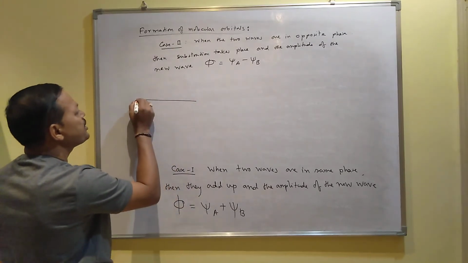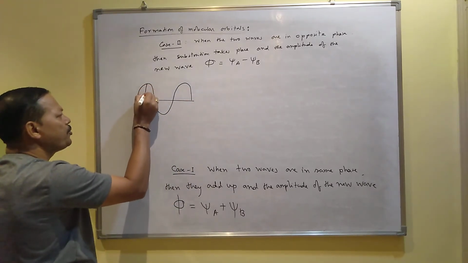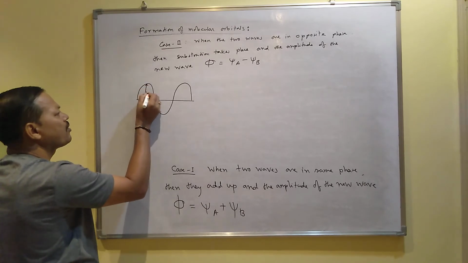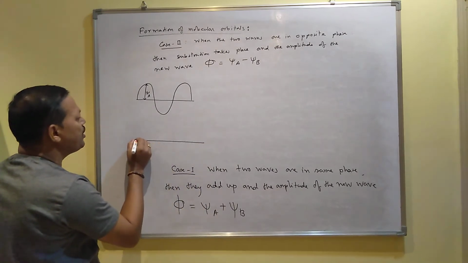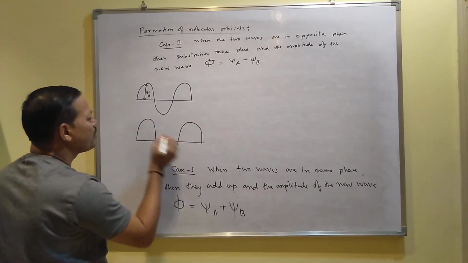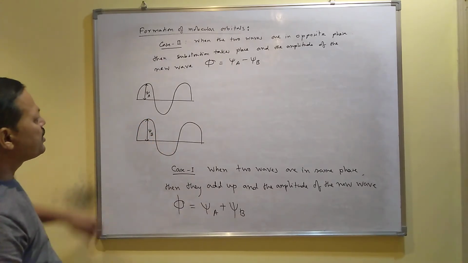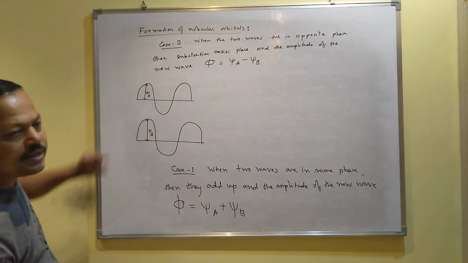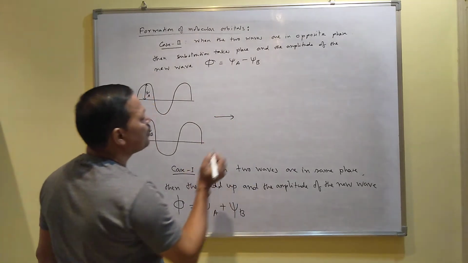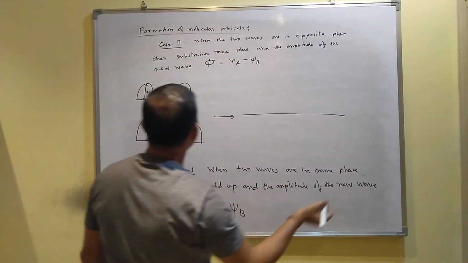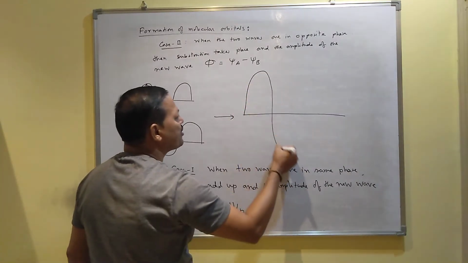Suppose this is the wave for atom A, the amplitude is represented by psi A, and this is the wave for B, and the amplitude is represented by psi B. See, their phases are same, they are in same phase. This is case 1. After combination, addition takes place, and the amplitude of the new wave becomes double like this.